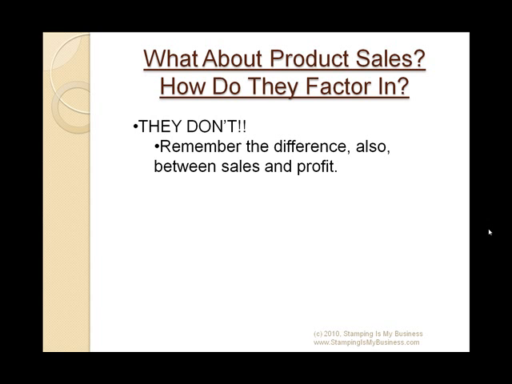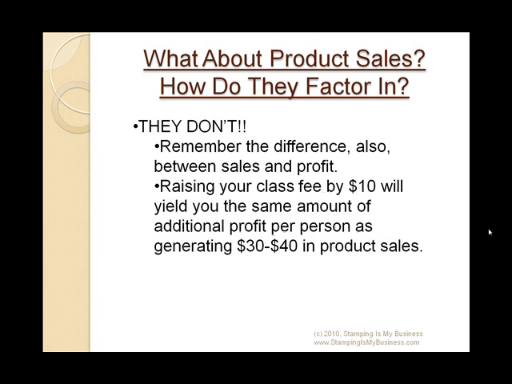Remember the difference between sales and profit. This is a really important thing. They're not the same. And you actually need a lot more product sales to make the same amount of profit as you would if you just raised your price. For example, here, raising your class fee by $10 will yield you the same amount of additional profit per person as generating $30 to $40 per person in product sales.